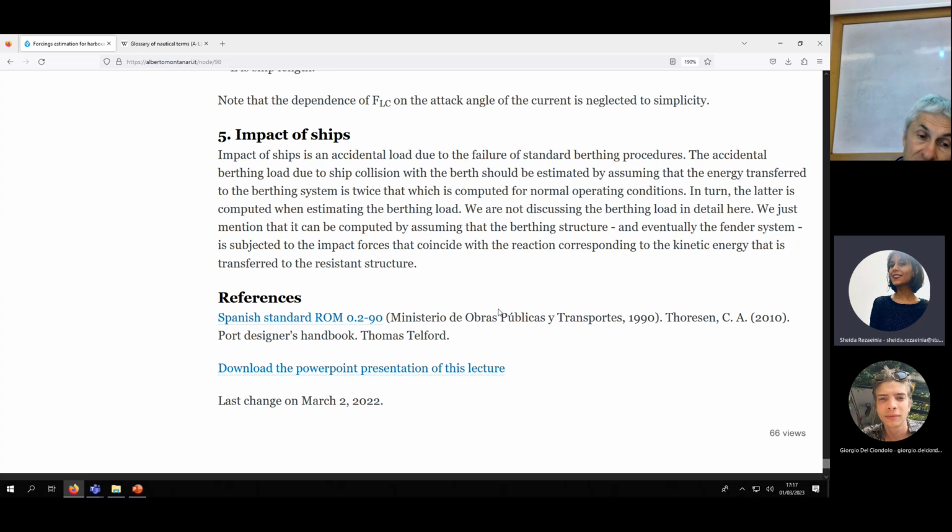A rule of thumb suggests that in normal condition, there is an energy given by the ship against the berth. This energy, this impact force, is used to size the fenders and to determine the material of the fenders. You have to consider that the energy transferred by an accident is at least twice the energy transferred in normal condition.